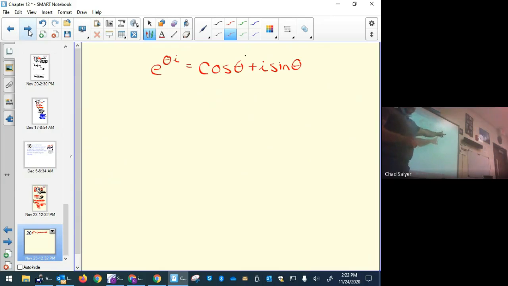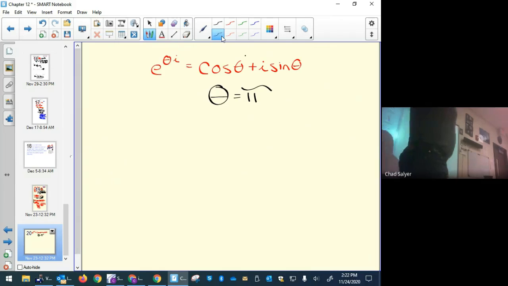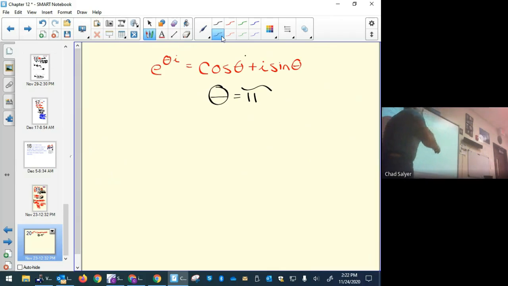Now, if I plug in theta equals pi, I get one of the most interesting results. This is the special case of Euler's formula. I get one of the weirdest results in all of math history. And long, long ago, way back in chapter 1, I teased this and told you I'd show it at the end. I'm sure you guys have been waiting with bated breath. Well, here it is.